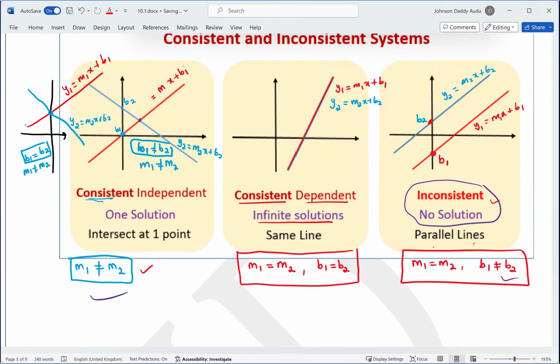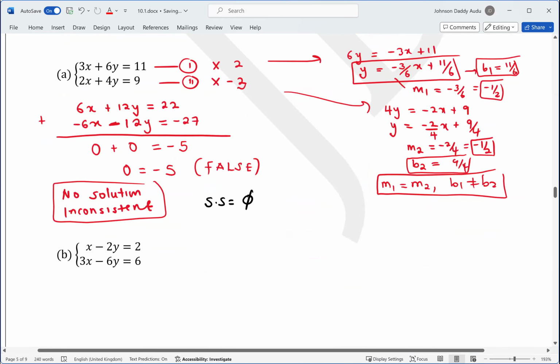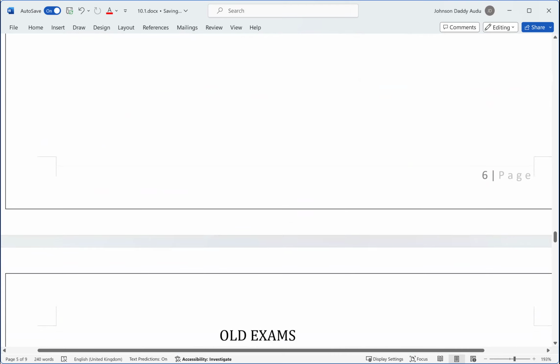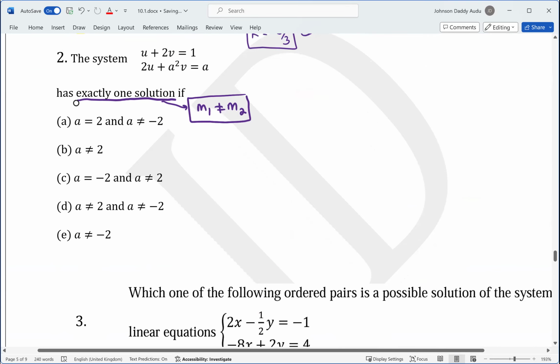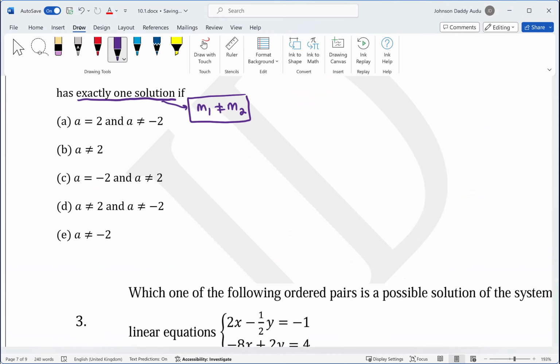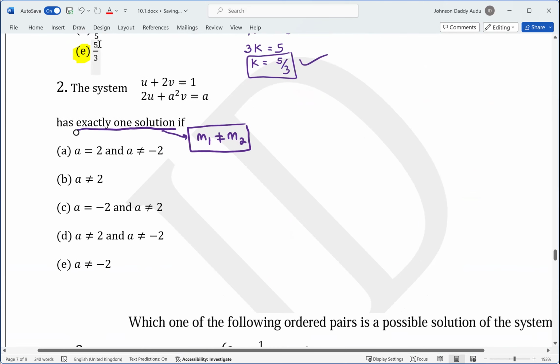Remember, we said b1 and b2 could be the same, they could be different. So all you need is just to use the fact that the slopes are not the same. That is all we need to answer this question. So m1 is not equal to m2. Let's take it from there. So we need to get what m1 and m2 are.